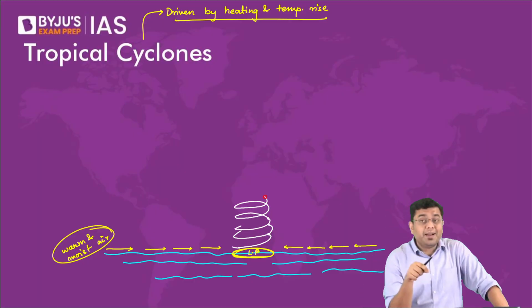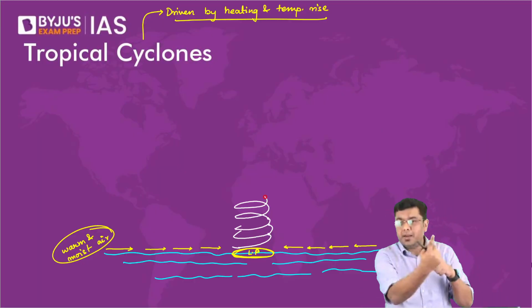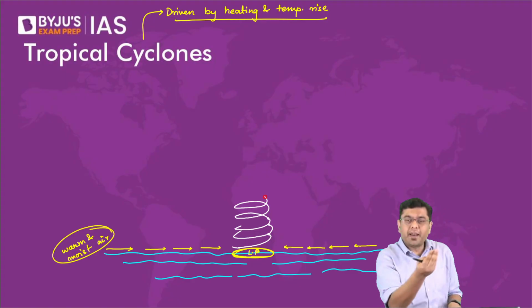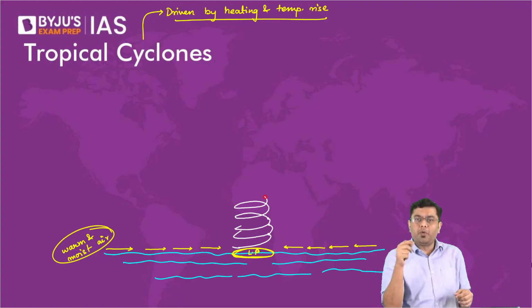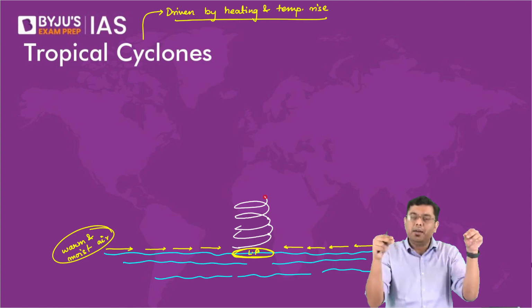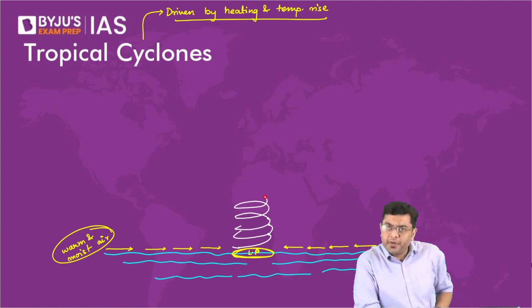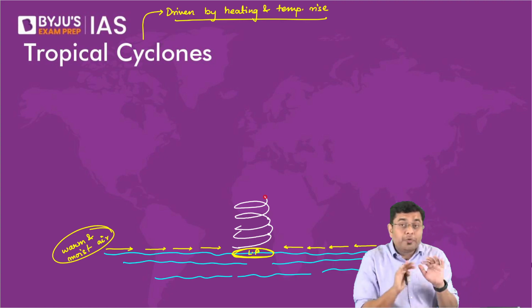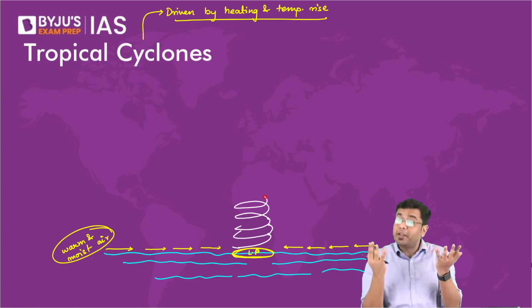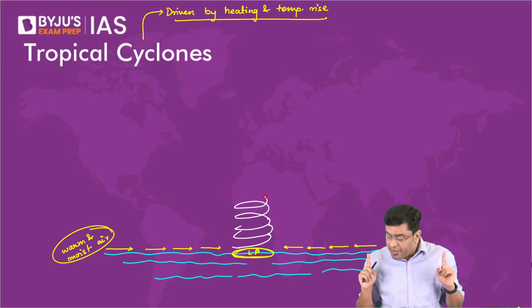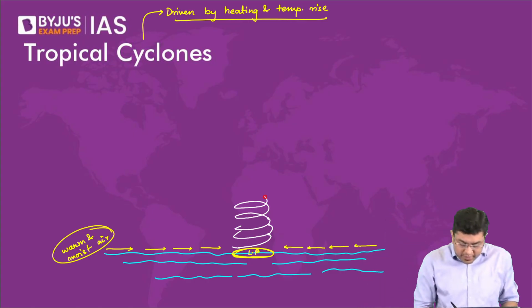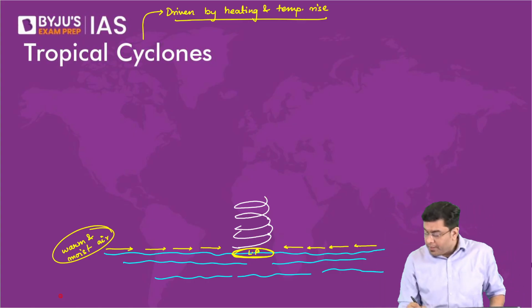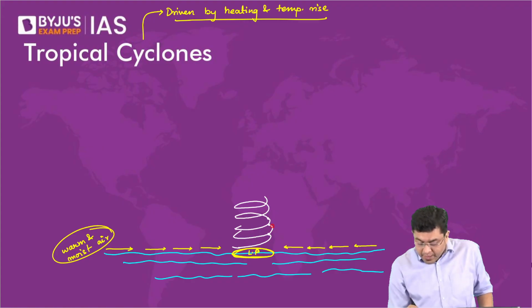So immediately, all around that circle as the air is rising, cloud formation will be observed. Are we comfortable up till here? Good. So here, the cloud formation begins to happen around that circular formation.